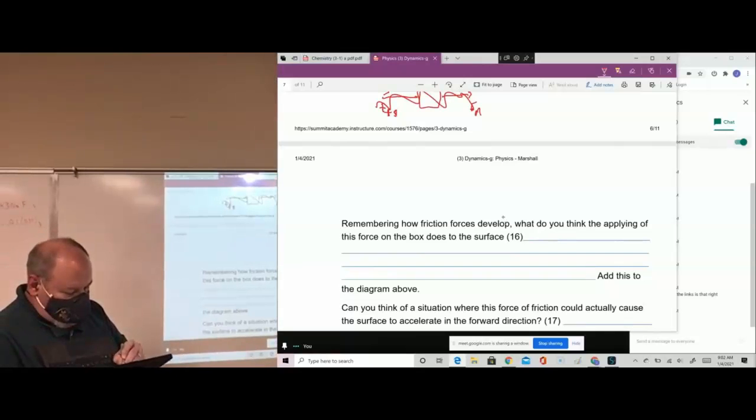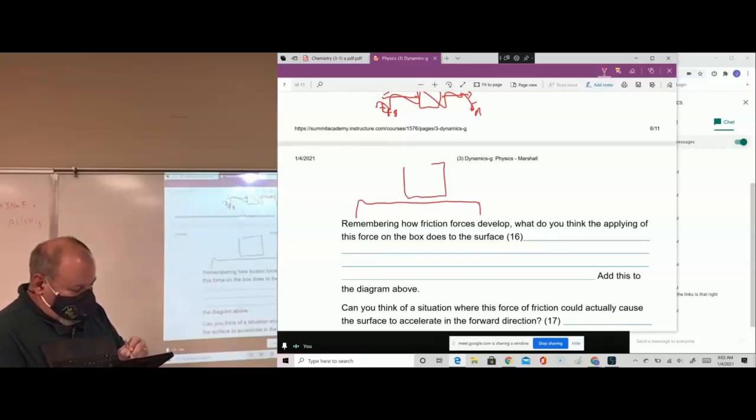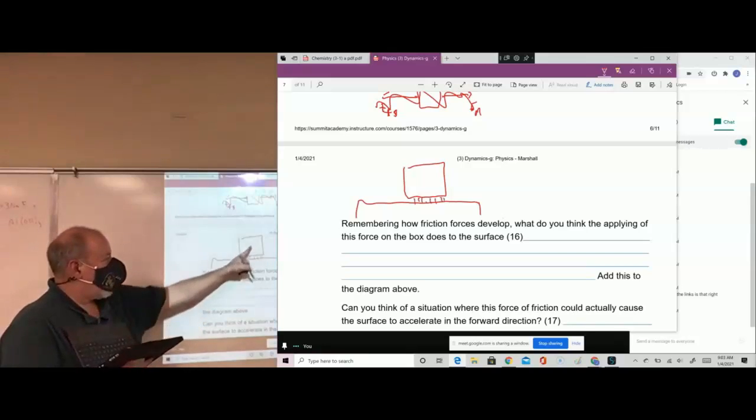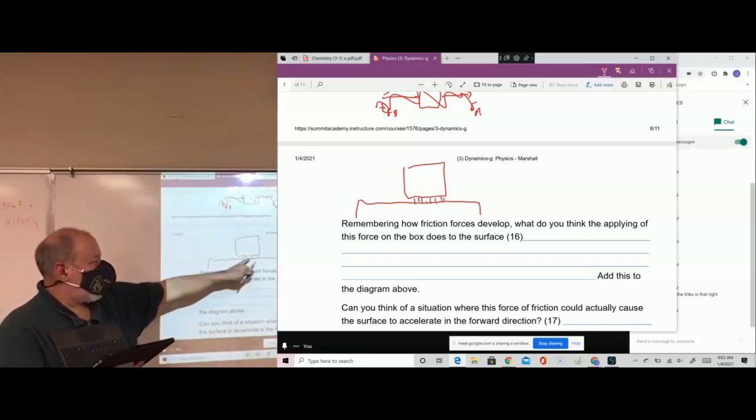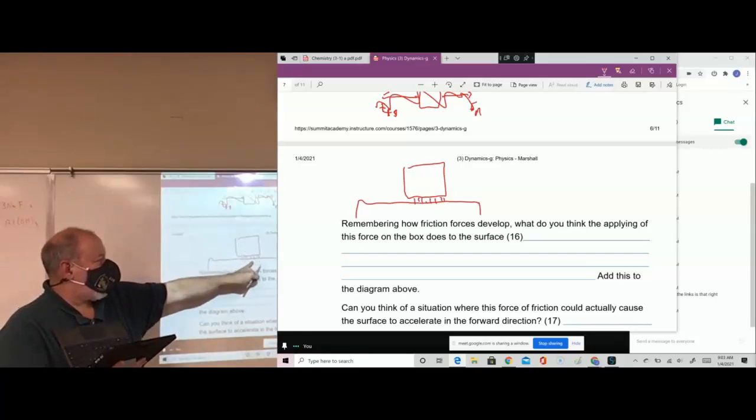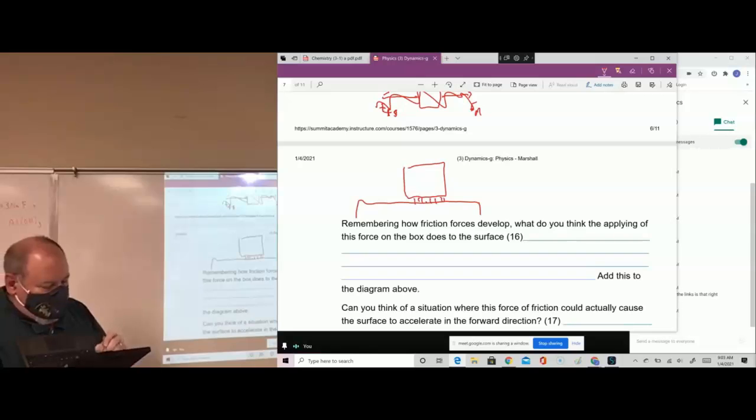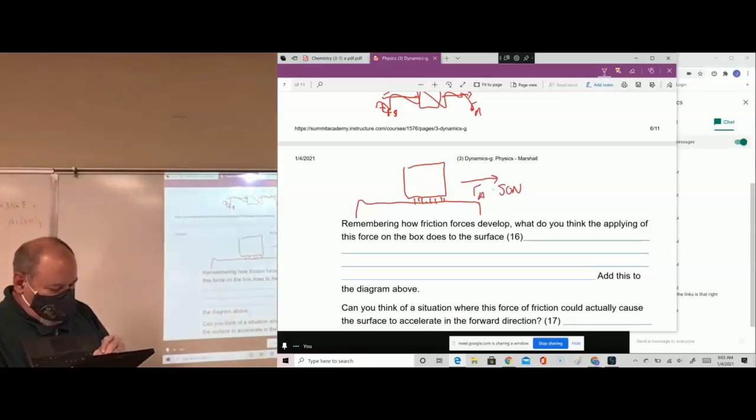What I want to draw is a surface and a box sitting on the surface, but I'm going to leave a little bit of space here and put some electromagnetic forces of attraction here. The box is attracting the surface because of the forces of electromagnetic attraction. And I'm going to apply a 50 Newton force to this box. Fa equals 50 newtons.